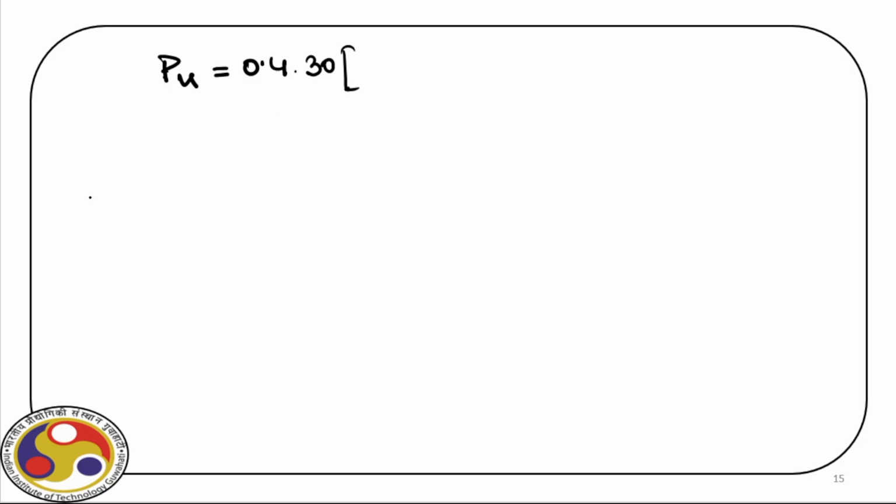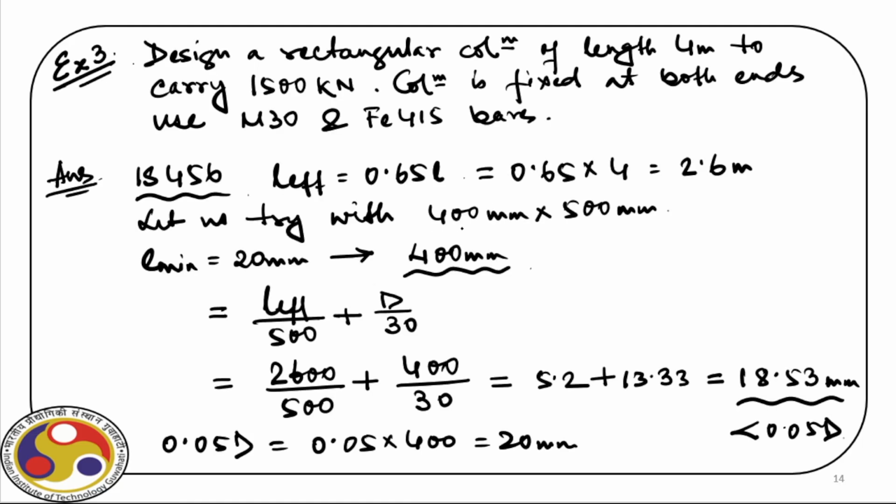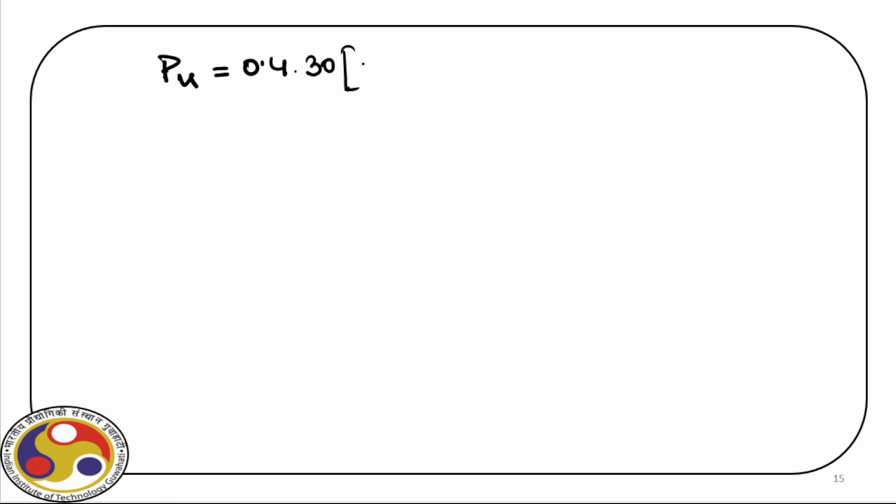Then we have 400 by 500, so AG is equal to 400 into 500, that is 20 into 10 to the power 4 millimeter square. So we have here 20 into 10 to the power 4 minus AS plus 0.67 times 415 times AS.